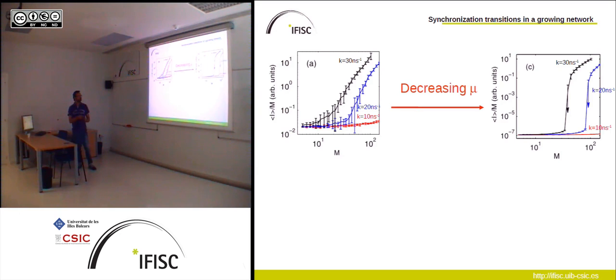So what happens if we decrease the pump current below the laser threshold? First of all, it means that the solitary laser is turned off. It's not emitting light anymore. But when we couple more and more lasers, due to coupling and the small contribution of the noise, they can turn on because the effective threshold of the laser decreases due to coupling.